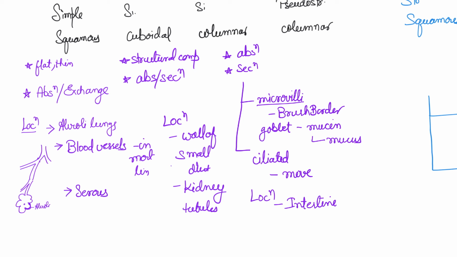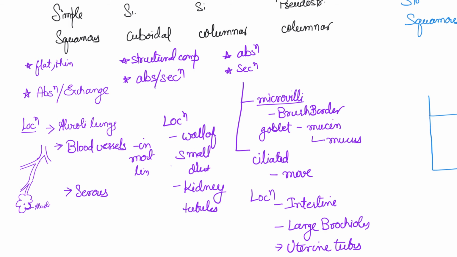That is where you need the maximum absorption. The ciliated one, you'll find very easily over larger bronchioles, right? You'll also find them in the uterine tube, because they have to move the ova that had been secreted by the ovary.